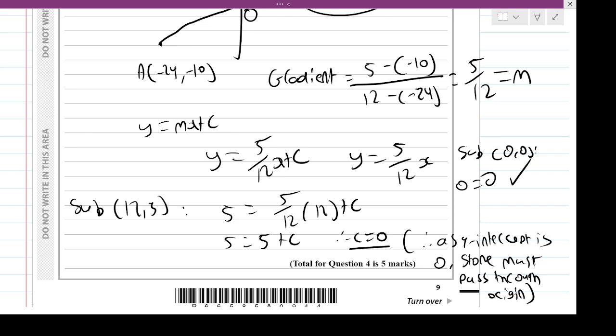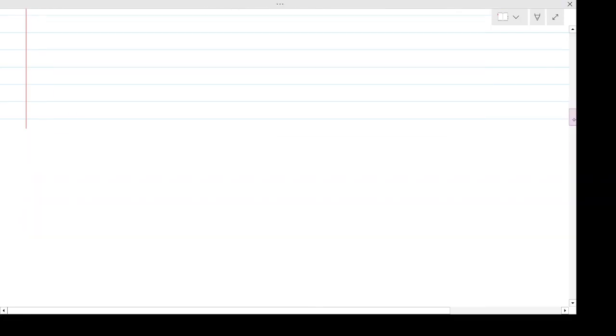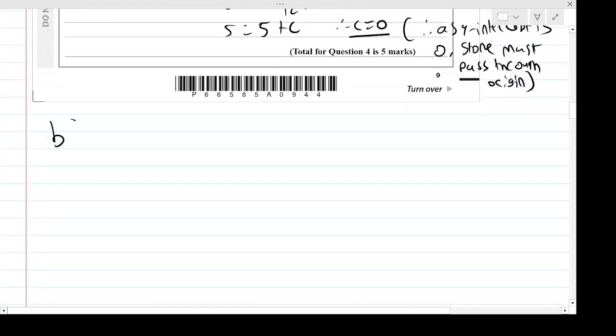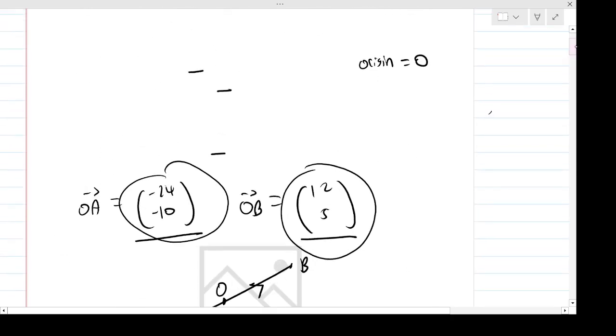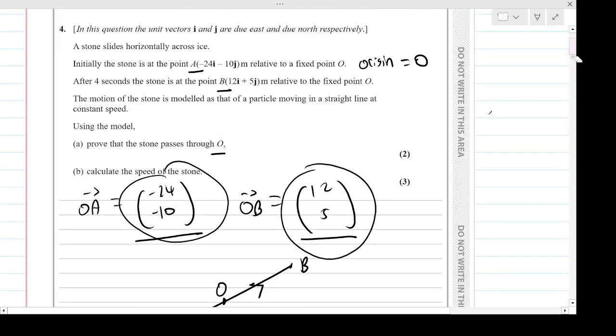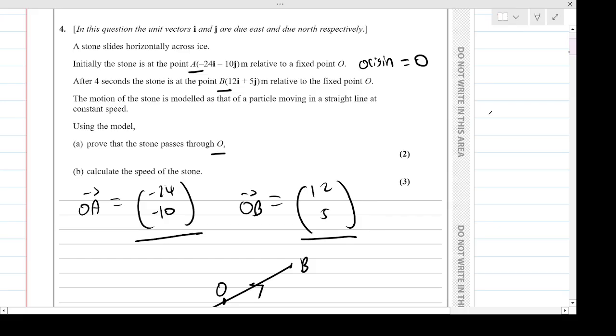Okay, part B. Have to do it down here. Now it says calculate the speed of the stone.